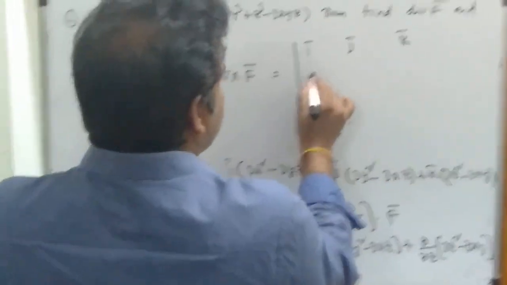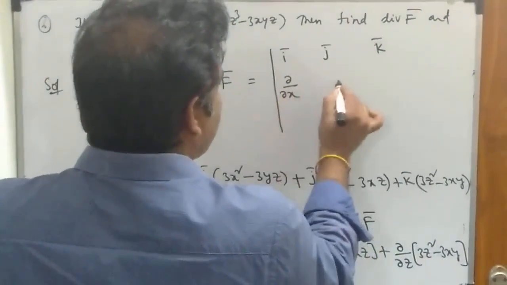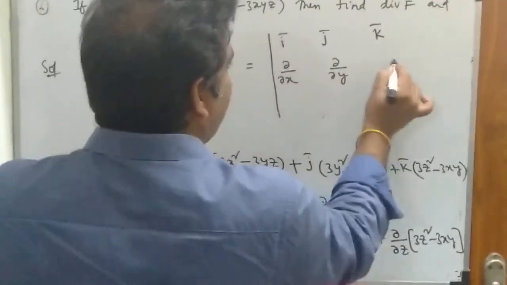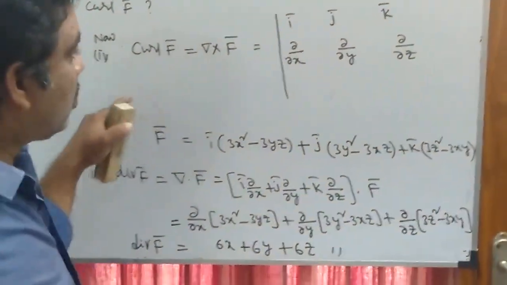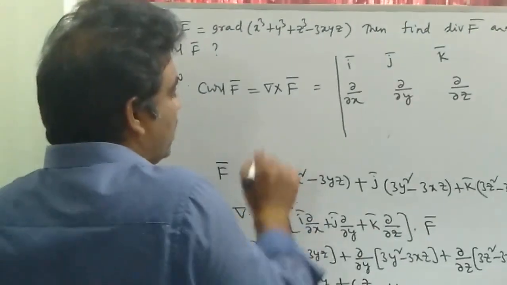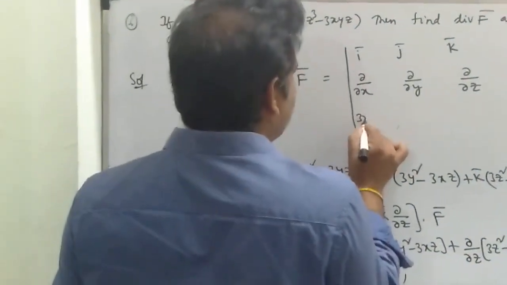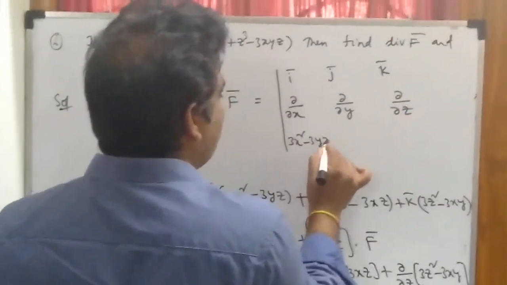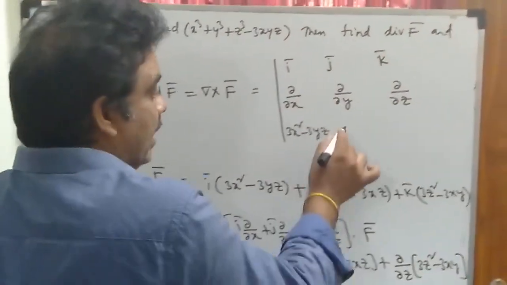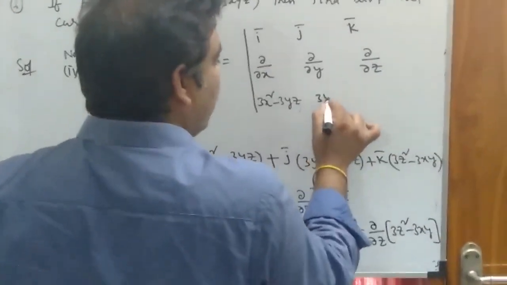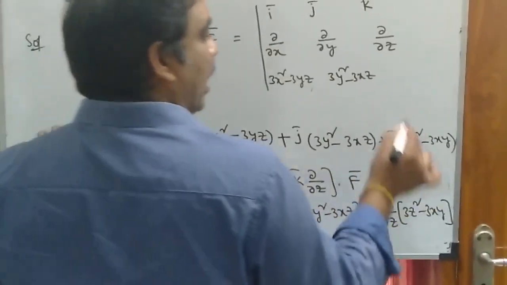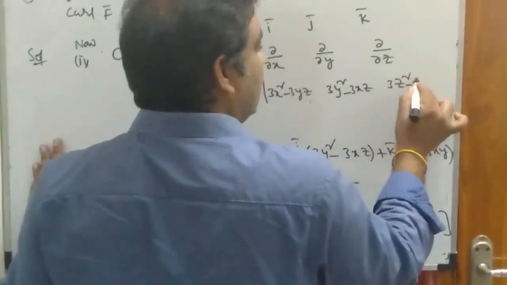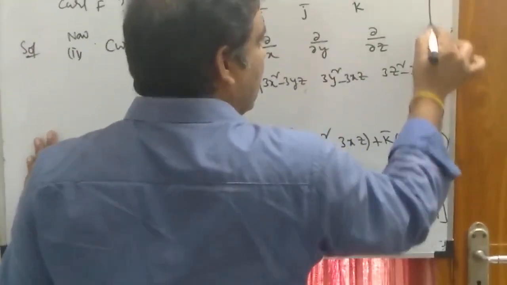The second row dou by dou x, dou by dou y, dou by dou z, and in the last row the I bar coefficient in f bar, 3x square minus 3yz, the j bar coefficient 3y square minus 3xz, and the k bar coefficient 3z square minus 3xy.